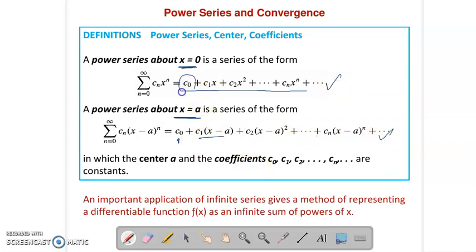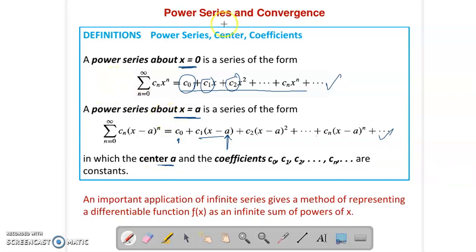Now these Ci's, C1, C2, C3, these are called the coefficients of the power series, and these are some constant values, and this quantity a is called the center of the power series, meaning about which you are writing the power series. Okay, so far so good. This is the power series.